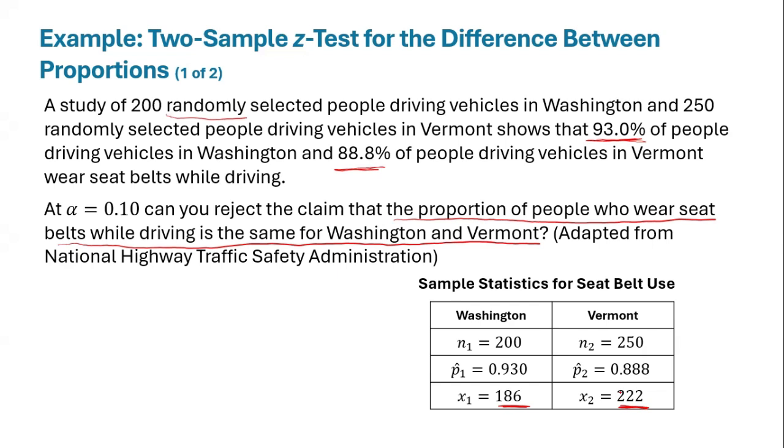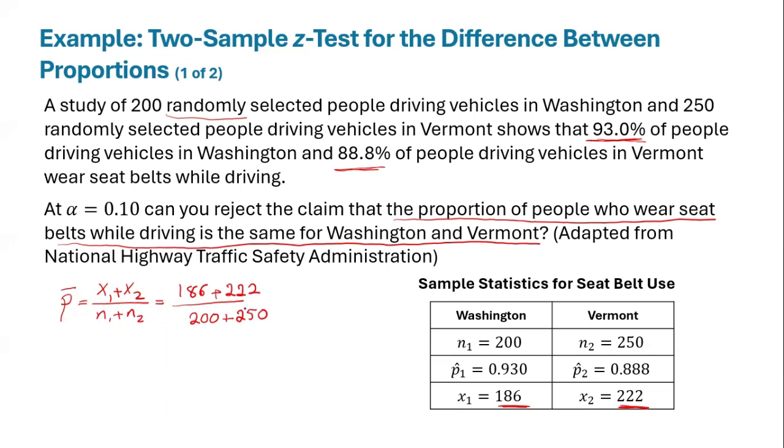But we can still check that requirement to make sure by finding the pooled estimate proportion. The pooled estimate proportion is p bar. And p bar is x1 plus x2 over n1 plus n2, which is 186 plus 222 divided by 200 plus 250.